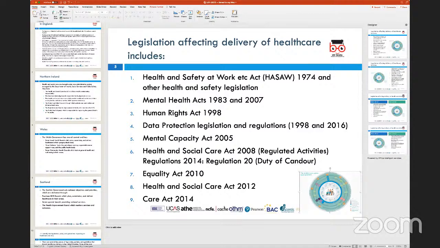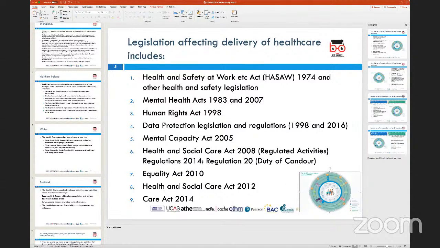So when we talk about the Health and Social Care Act, this was important because it changed the way health and social care services are delivered in England, whereby they made the clinical commissioning groups, or local commissioning groups, and local authorities responsible directly for providing health and social care to the members of the public.